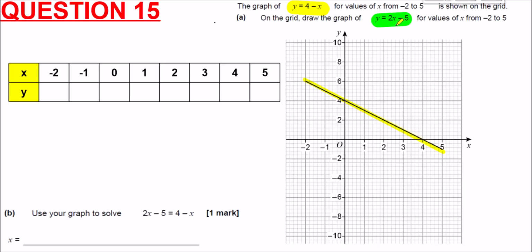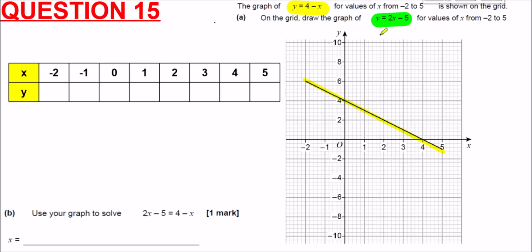Now, all you really need when plotting a straight line graph is any 2 points. Take 2 points, draw a straight line through them, and that's all you need. And you should be able to recognise that these will be straight line graphs because they don't involve a y squared, don't involve an x squared, they don't involve the x dividing something. If a graph is in the form y equals some number in front of an x plus or minus a number at the end, it will always be a straight line graph.